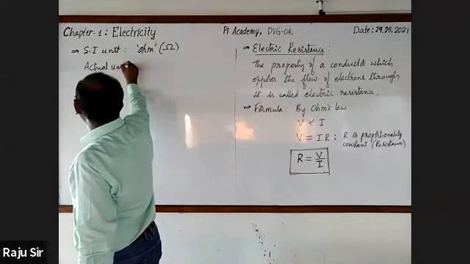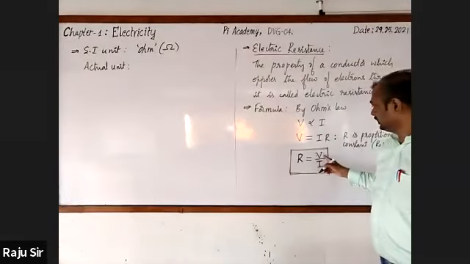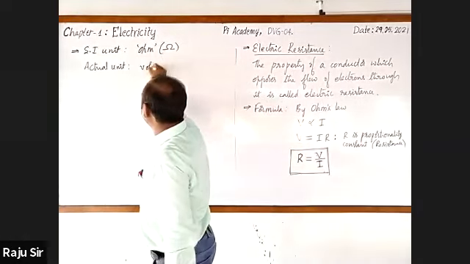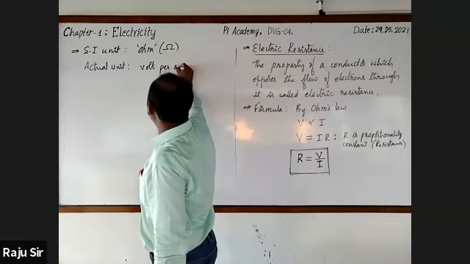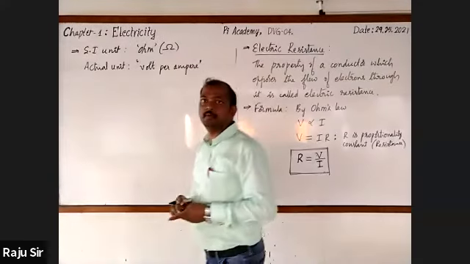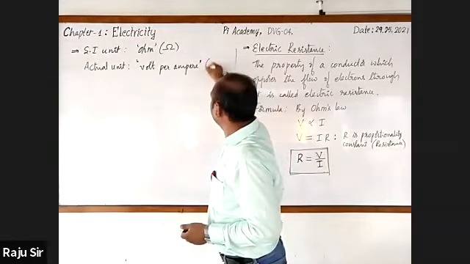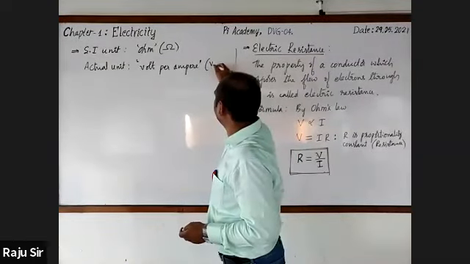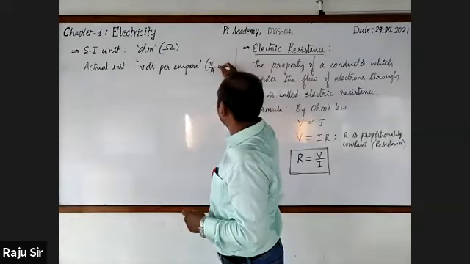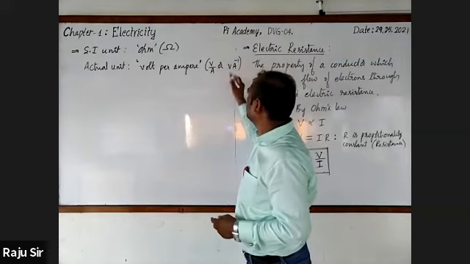From the formula we have already come to know, it is volt per ampere. Volt per ampere. It should be in small letters only. Then in bracket you may write V by A or V into A raised to the power minus 1.